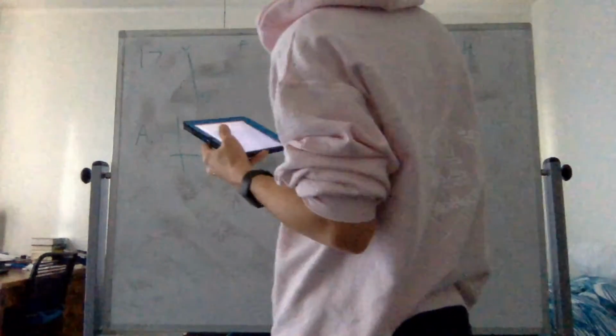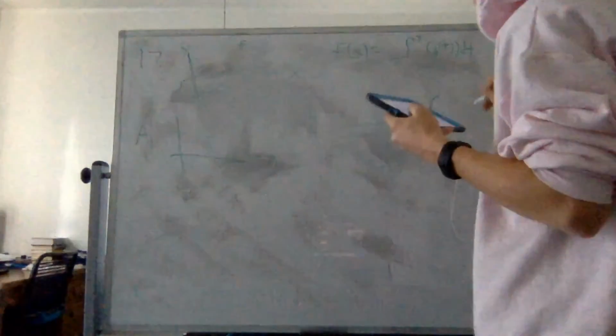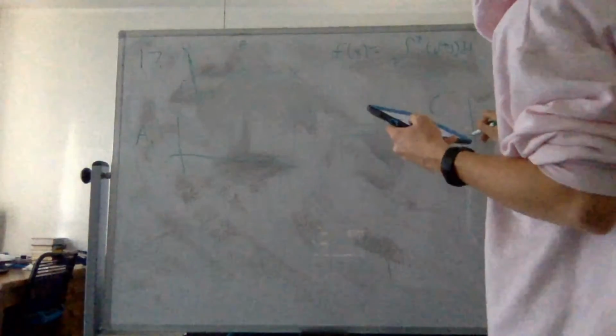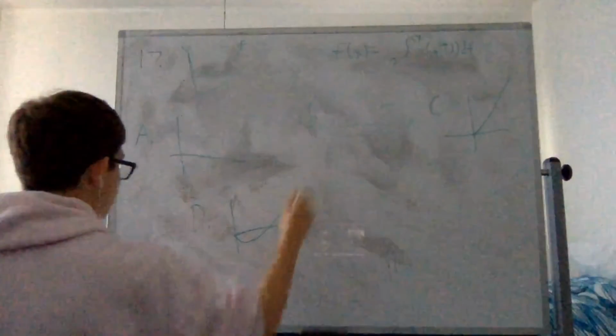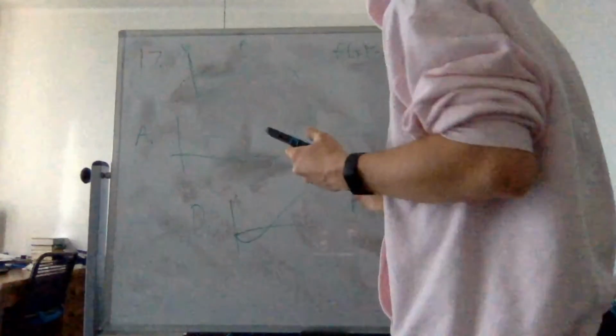So A, it's just a straight horizontal line there. B, C, D, and then E.